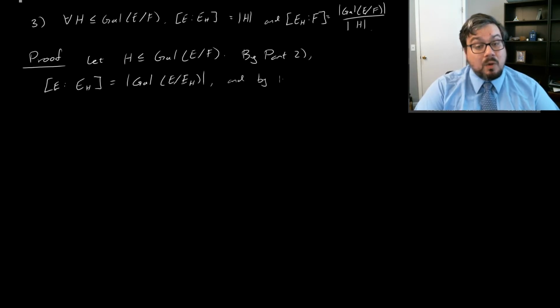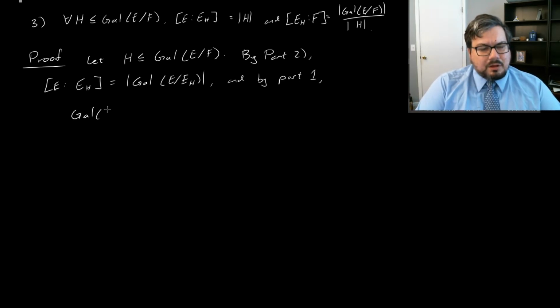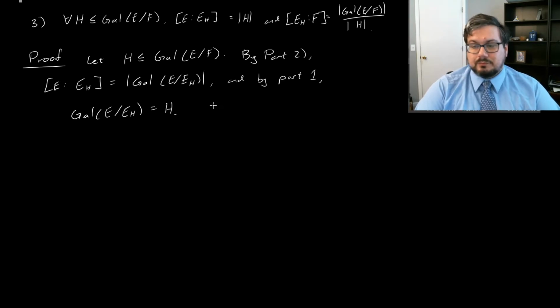And by part 1, we have that the Galois group of E over EH is exactly equal to H. So that shows the first part immediately, that the order of the field extension E over EH is just the order of the subgroup H.